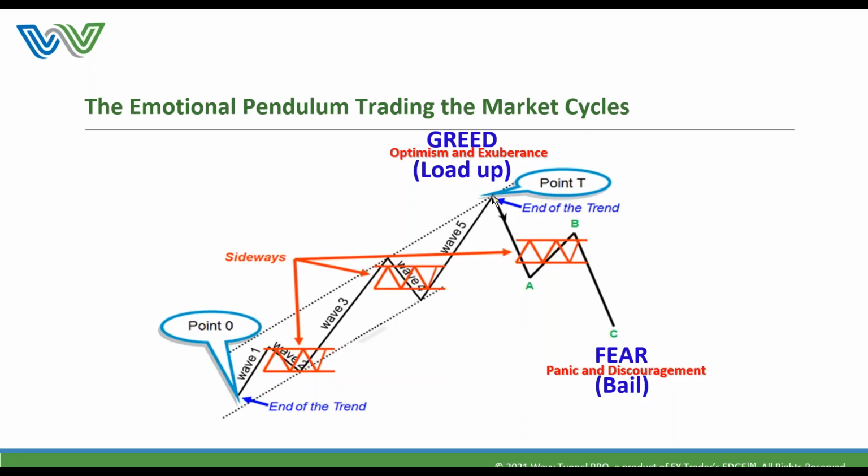We move up for a wave 5. Up here, this is when traders are very greedy, they're optimistic, they're exuberant, and then they load up when it's really the end of the trend. Then we have a serious correction.